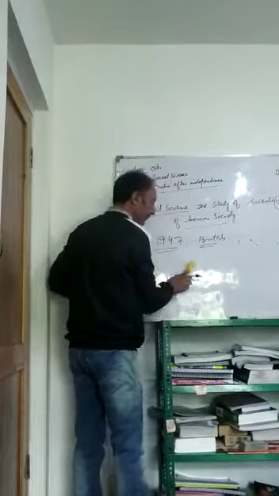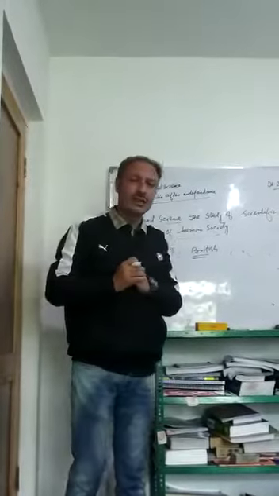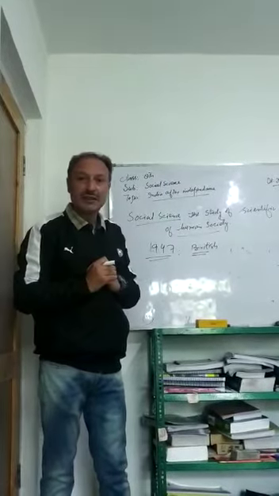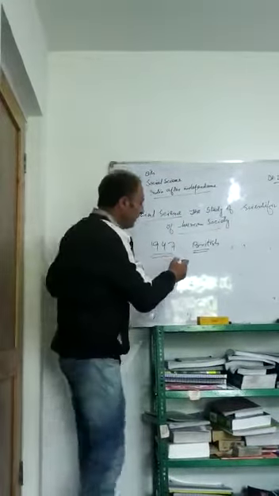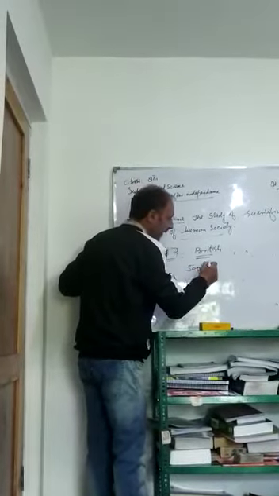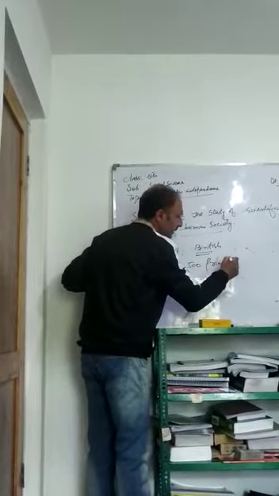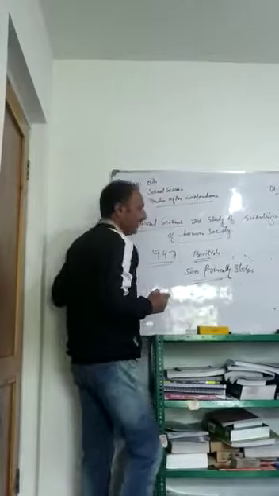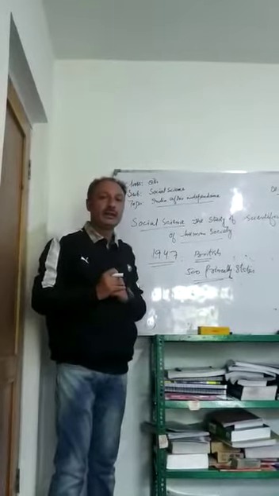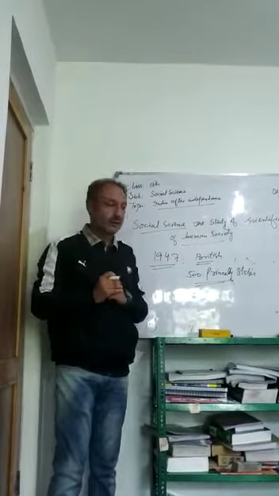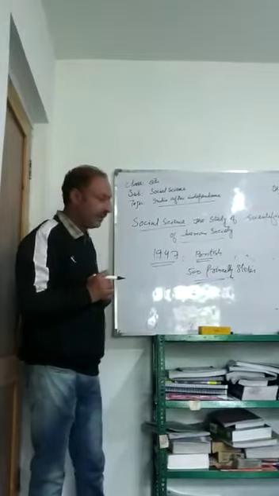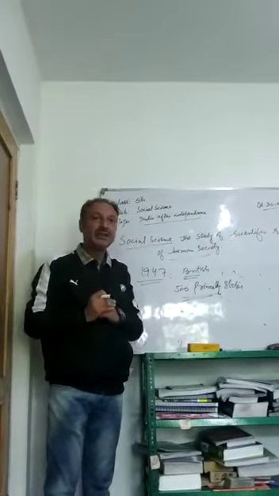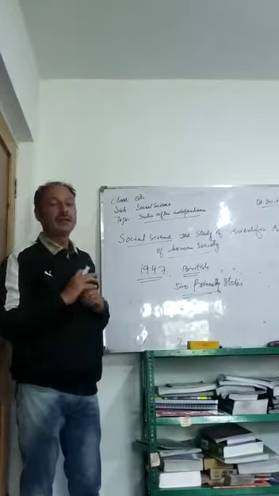The first obstacle. The second was that after independence, in our country, there were 500 princely states. These states were governed by princes and local nawabs. Before 1947, as you know, the British divided the Indian states into two categories.